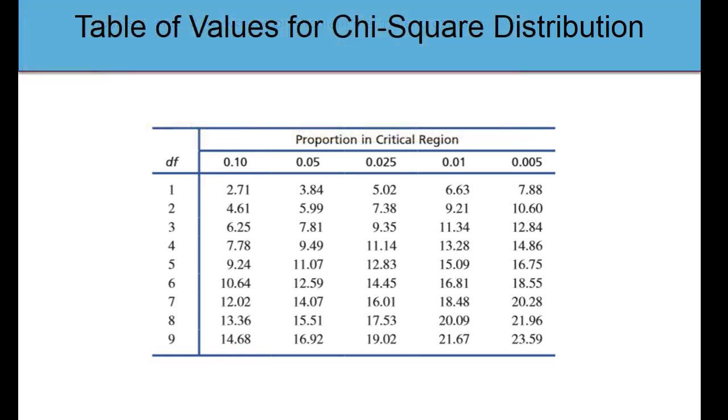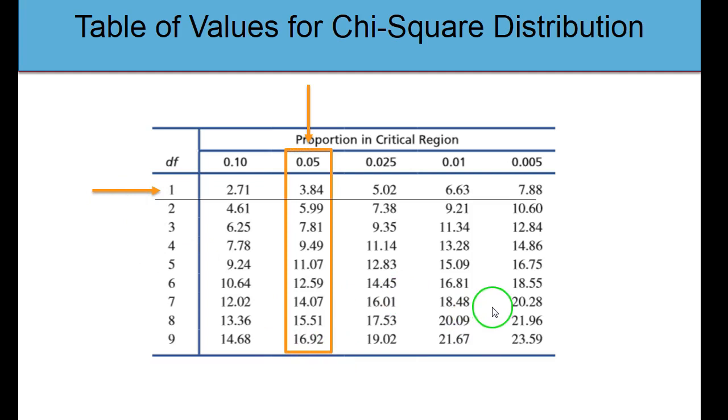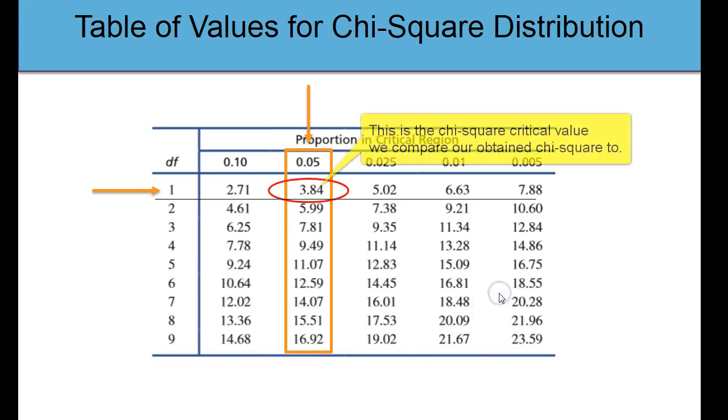Well, given that we're working with two categories, 2 minus 1 equals 1, so our degree of freedom for our previous chi-square analysis would be 1. And if we look at the problem at the end of the chapter, it's asking us to set alpha to 0.05 in which case we look at the appropriate column, which is here, and now we know what our cutoff value is, and that is 3.84.